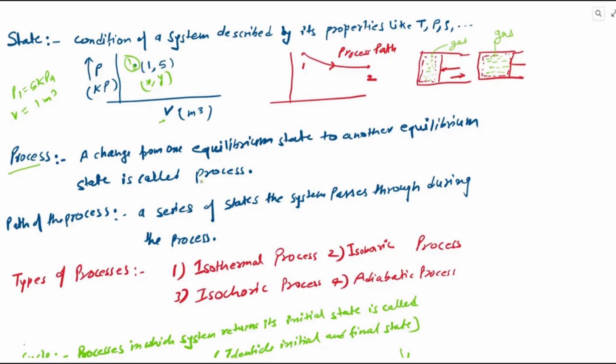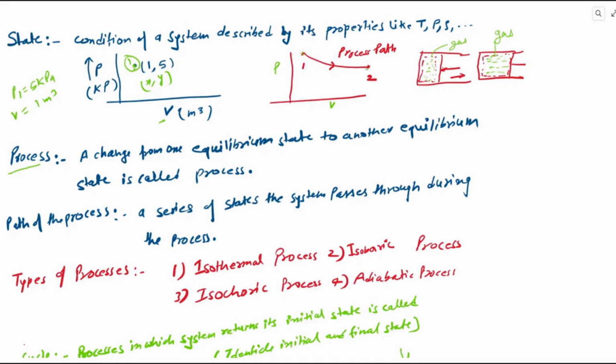It is called a process, right? For example, here this is state 1, and here this is state 2. As we know, this is a PV diagram, and state 1 is at the higher pressure.